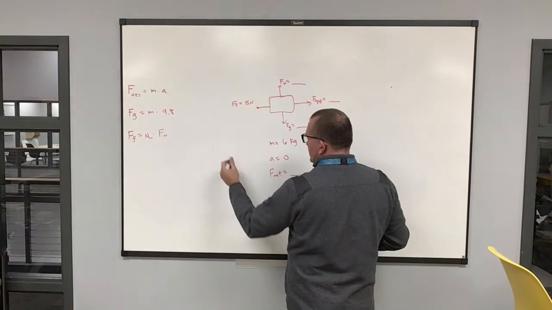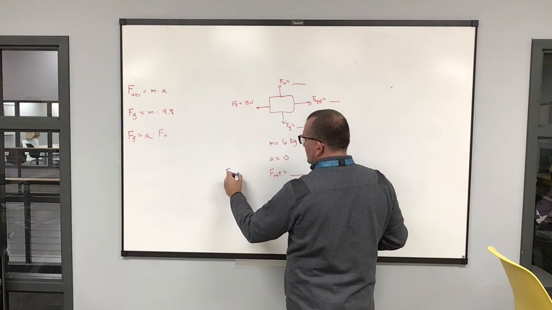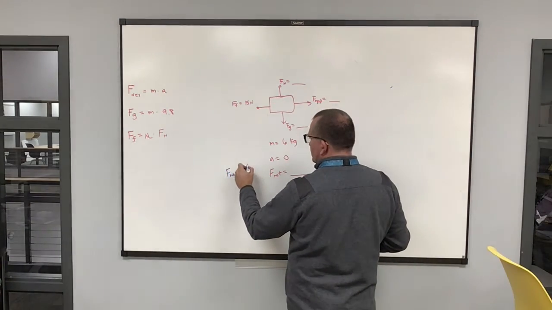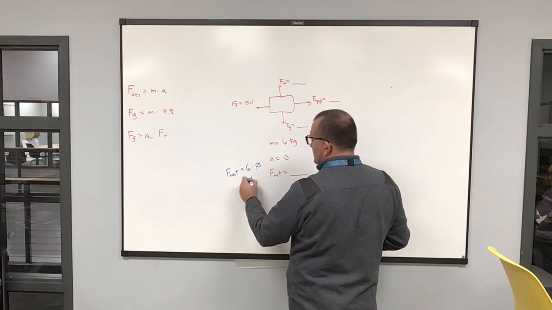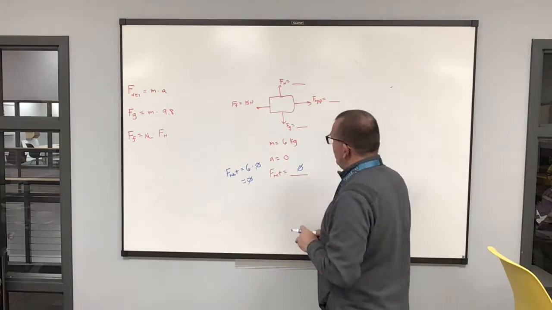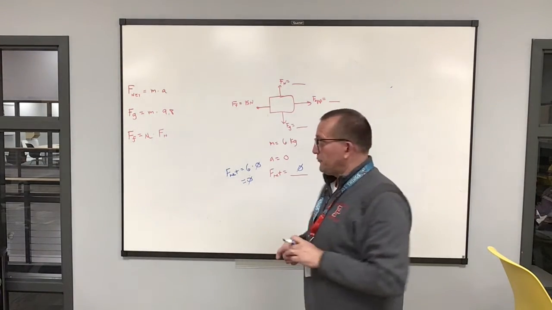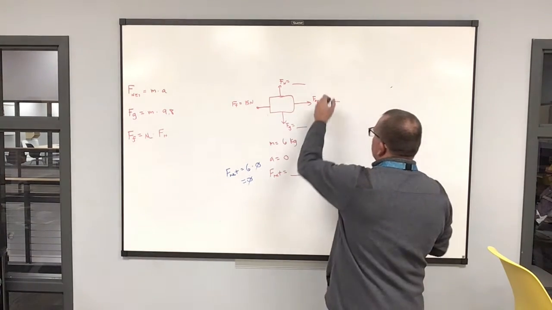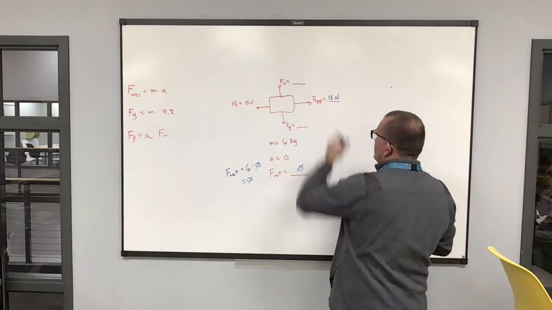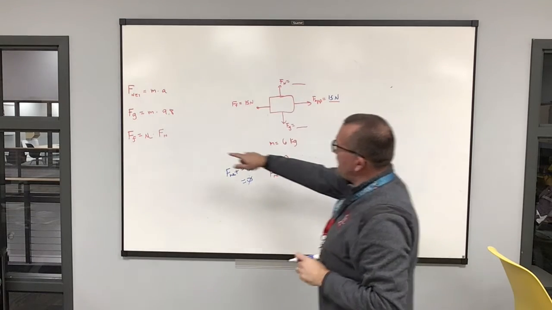And so force net equals 6 times 0, right? Mass times acceleration, which is 0. So my net force is 0, which means all my forces are balanced. So if friction is 15, my applied force is 15. Find my force of gravity.